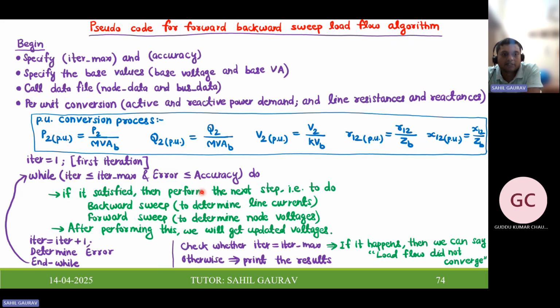If the condition is satisfied, then perform the next step: do the backward sweep and the forward sweep. After performing this, we get the updated voltage and the iteration count increases, and then we determine the error and provide it back to the while loop.